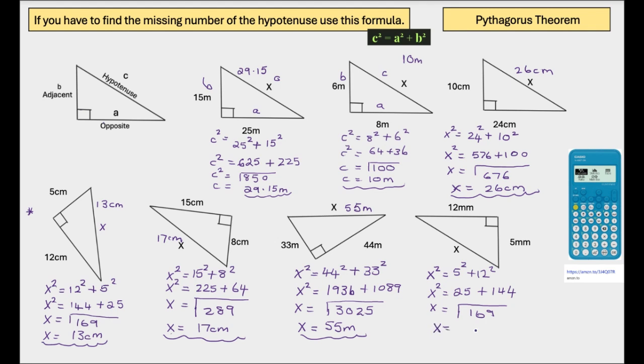X equals 13 centimetres. So as you can see, it doesn't matter which side you use first when you're finding the hypotenuse, the long side, because it's adding. It didn't matter which way we did it, we still got the same answer. 25 plus 144, whichever way you write it, is 169. Hope that helps. Enjoy.